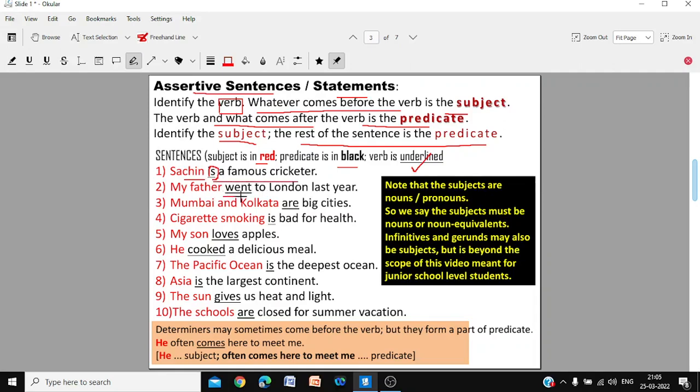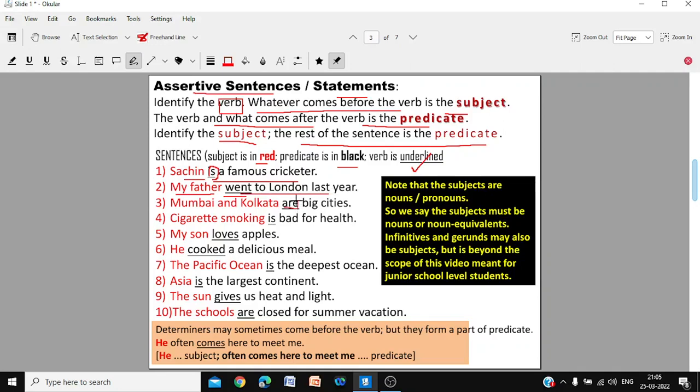Here you identify the verb. What comes before the verb is a subject. And whatever comes after the verb, including the verb and all that follows, is predicate.